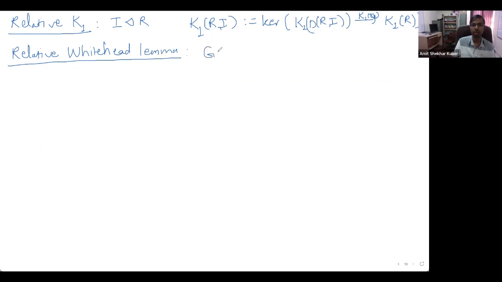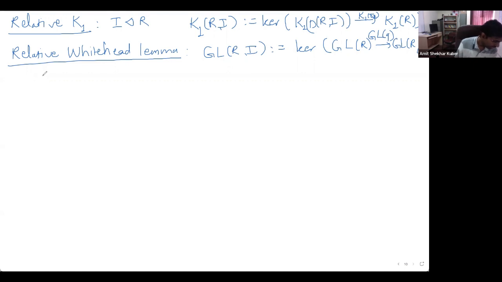If you remember, GL(R,I) is defined to be the kernel of the quotient map GL R to GL R mod I. This is not something we discussed last time, but this is our definition.